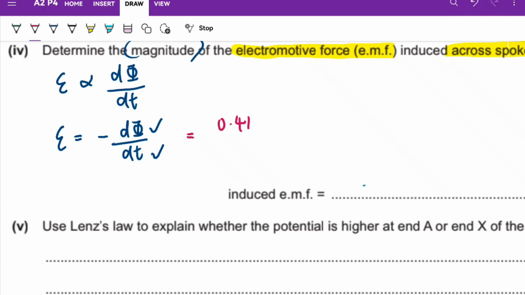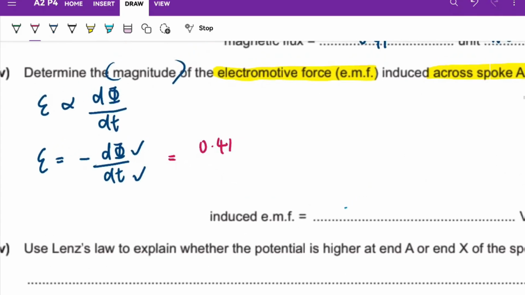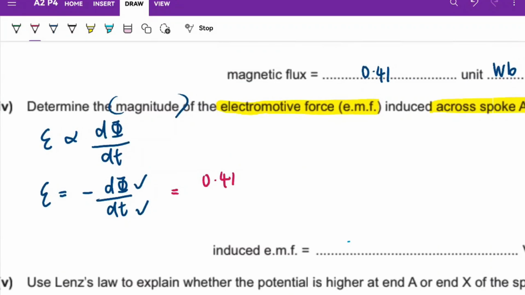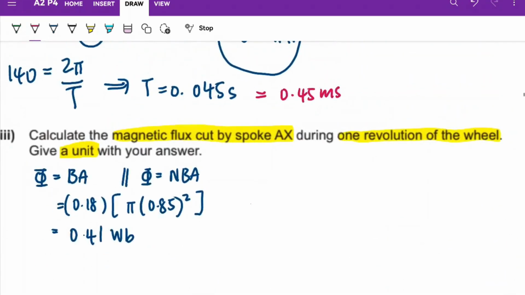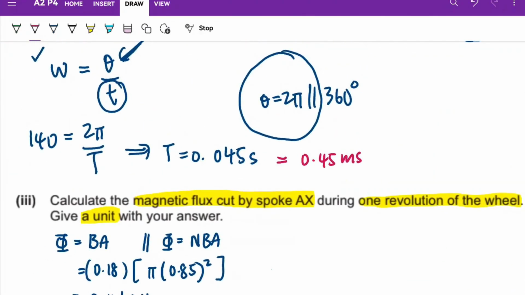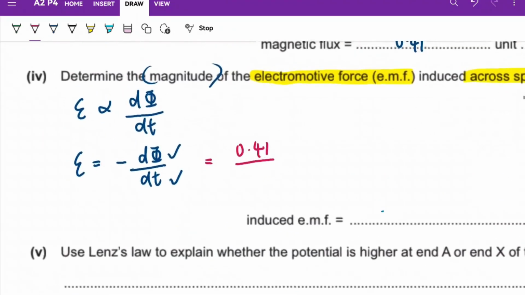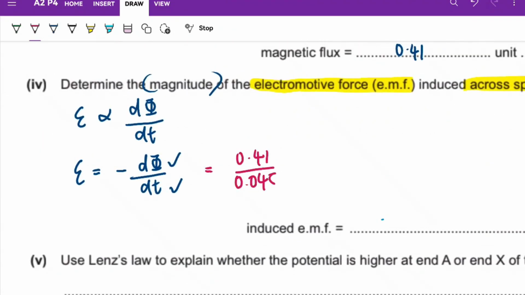What is the time? And this 0.41 is for 1 revolution. Therefore, our time must also correspond to 1 revolution, which we have calculated in Roman 2, 0.045 seconds. So, divide by 0.045 seconds. The change in magnetic flux over the change in time.